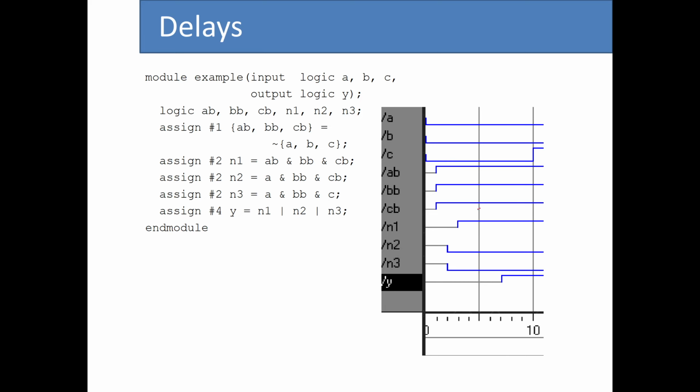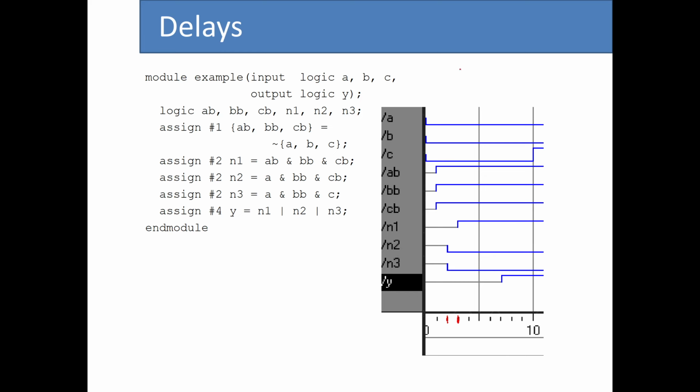But now when we get to N1, N2, and N3, you see that the results are calculated at different times. You see N1 has its value at time 3, while N2 and N3 have their values at time 2.